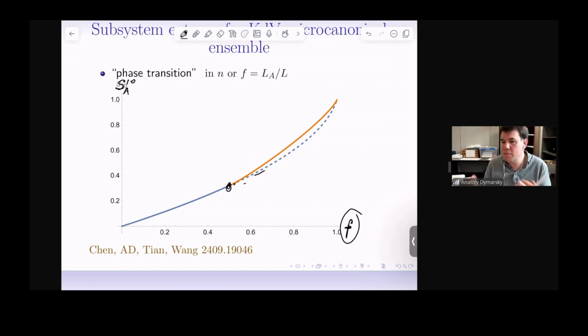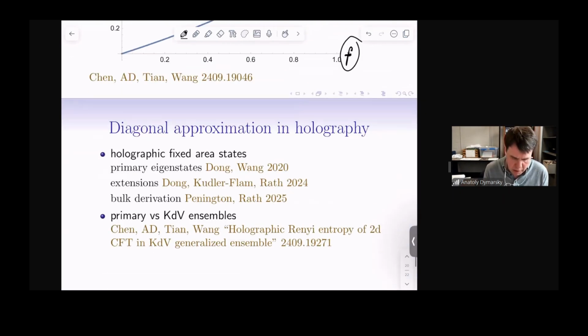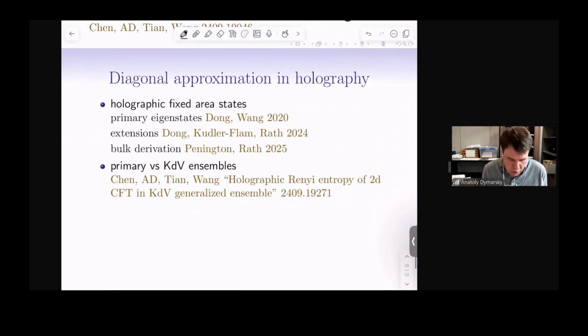So there are a lot of explicit results which you can get for microcanonical KdV ensemble and the generalized Gibbs ensemble if you do things holographically or if you work with large central charge where we have analytic control already from the CFT side. I think I should be wrapping up.